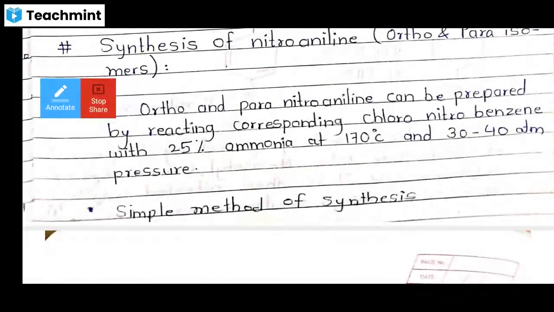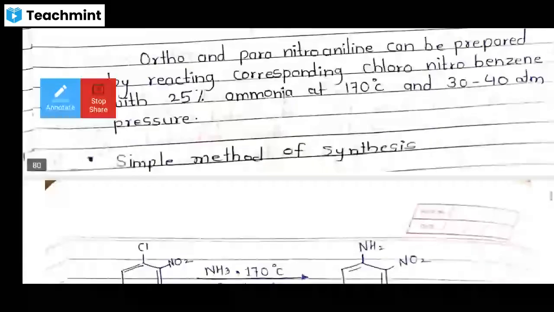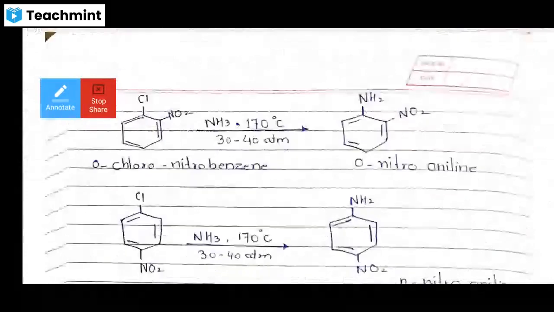So next is the synthesis of nitroaniline, that is, the ortho and para isomers. So ortho and para nitroaniline can be prepared by reacting the corresponding chloronitrobenzenes with 5% ammonia at 170 degrees centigrade and 30 to 40 atmospheric pressure. This is a simple method of synthesis, and we get the replacement of the chlorine atom by NH2.